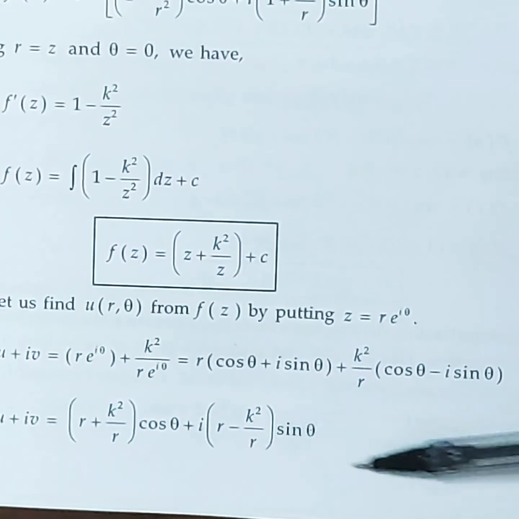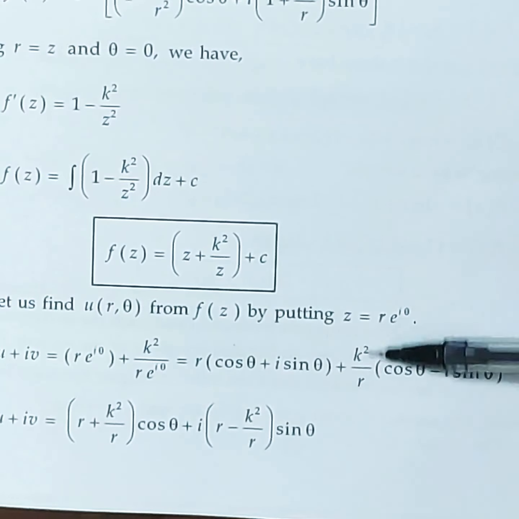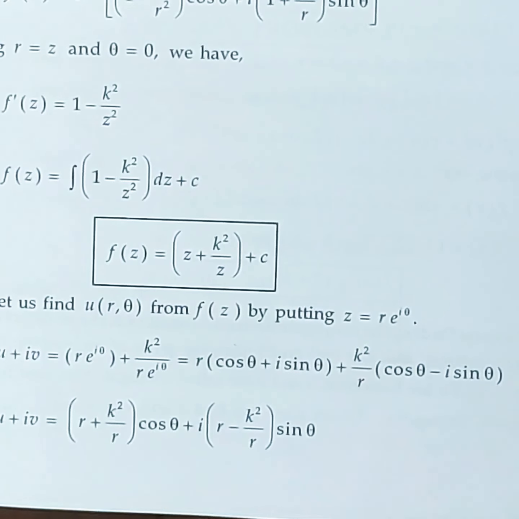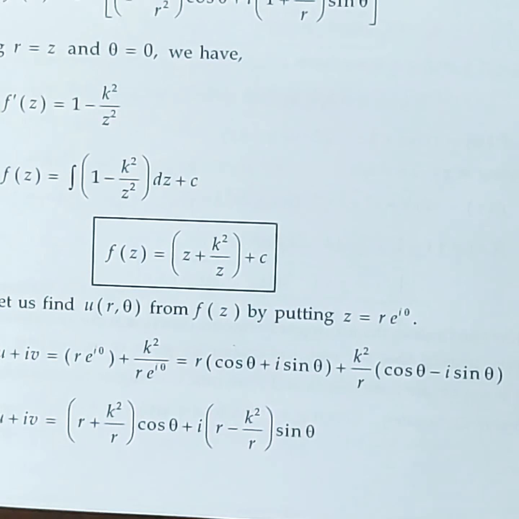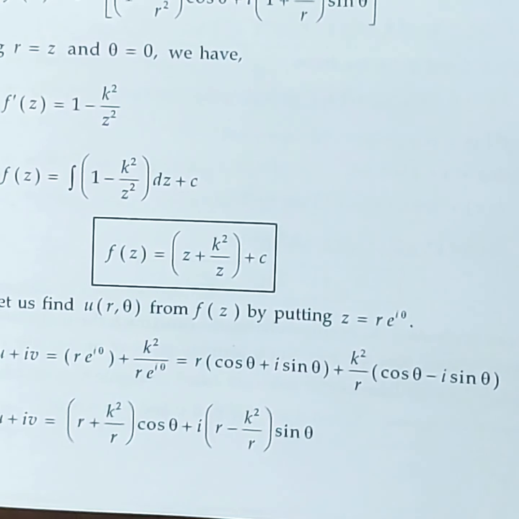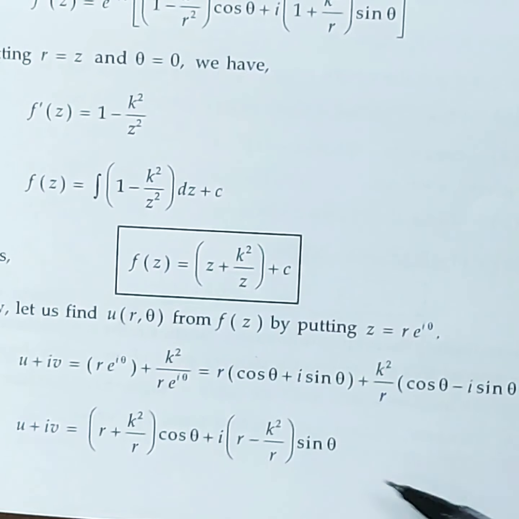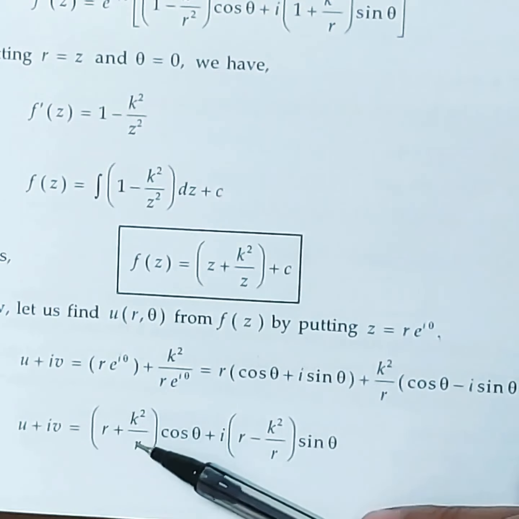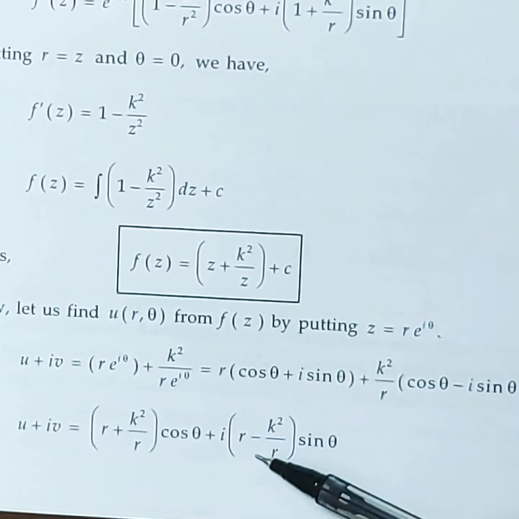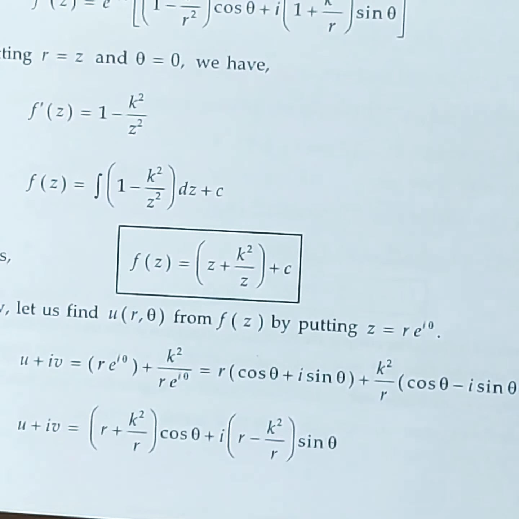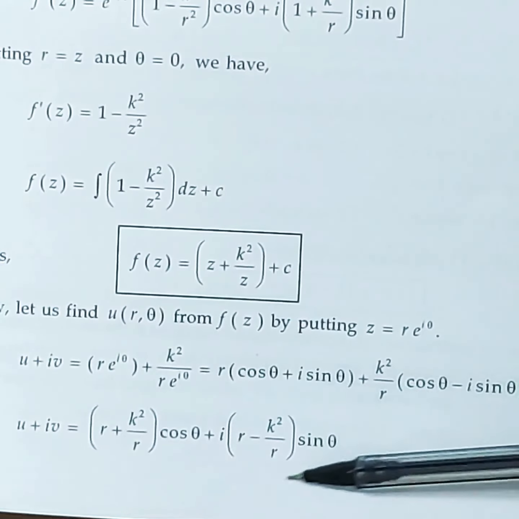So r, and then here we have a negative sign, minus k square by r sin theta. So u plus iv is equal to r plus k square by r cos theta plus i into r minus k square by r sin theta. What is this? This is your given v.